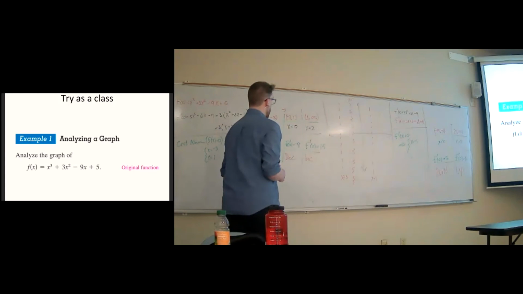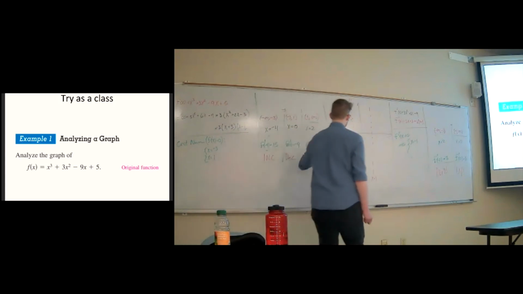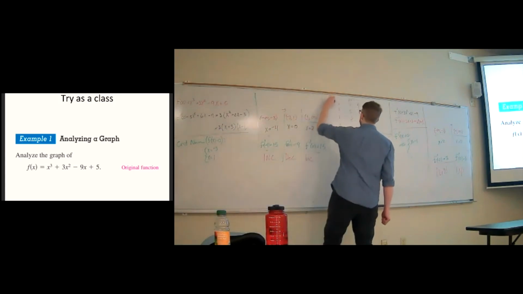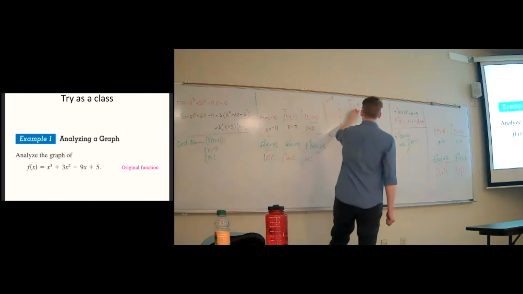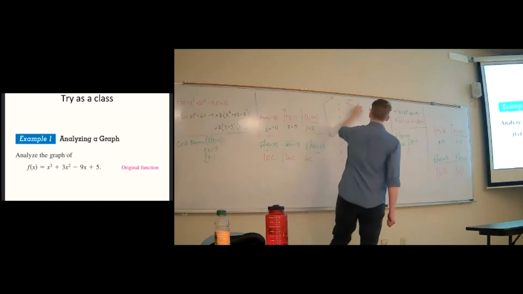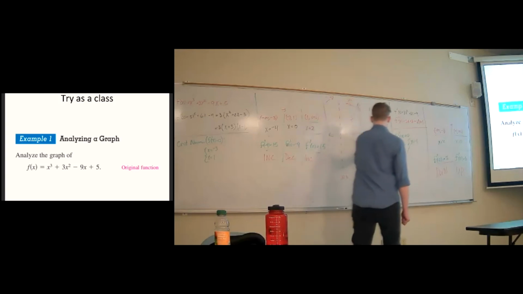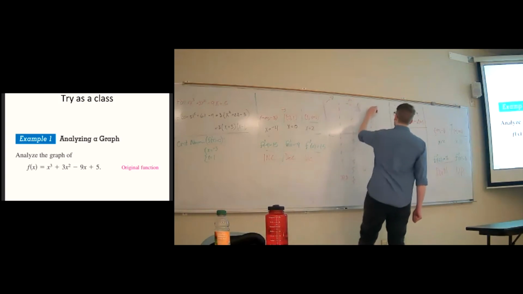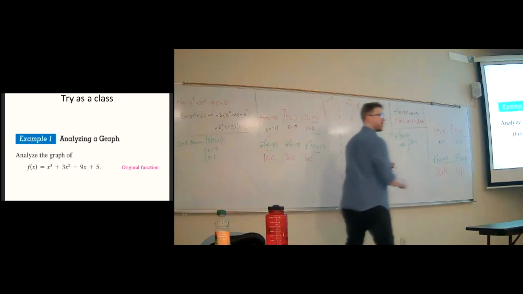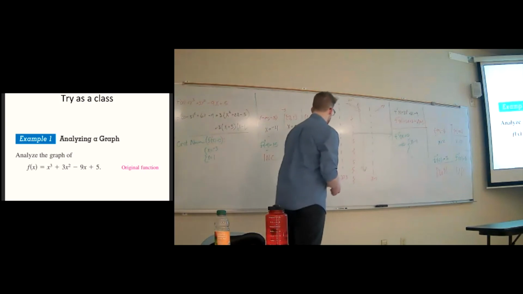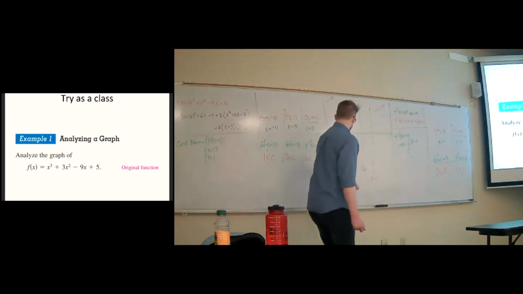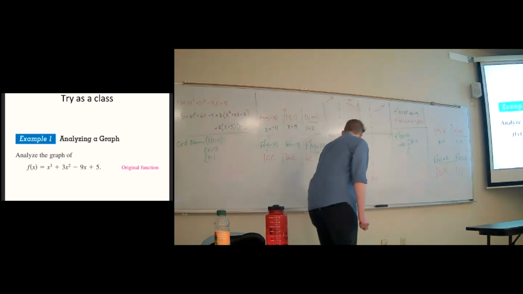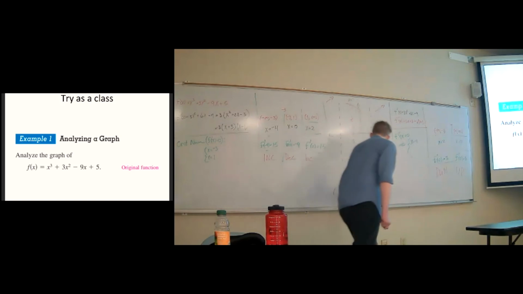Now we know, to the left of this, we are increasing. Through here, we're decreasing. And to the right of 1, we are increasing again, right? And we know that to the left of our squiggle line, we're concave down, and to the right of it, we're concave up.